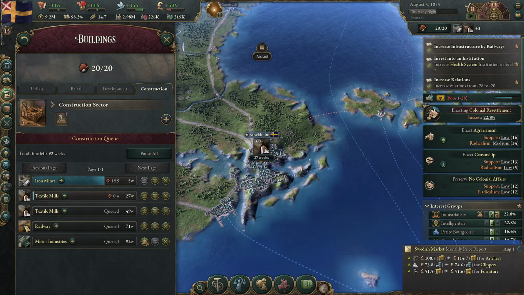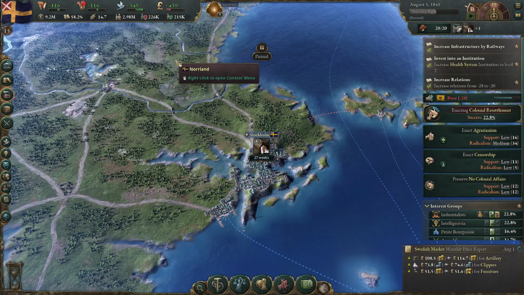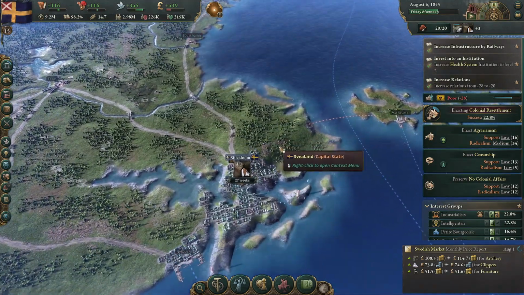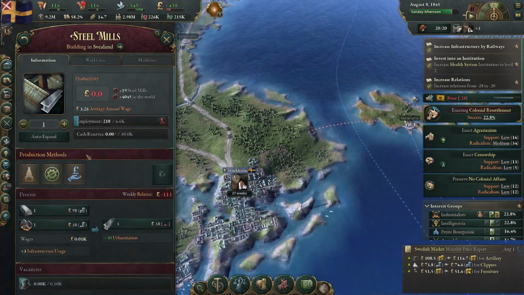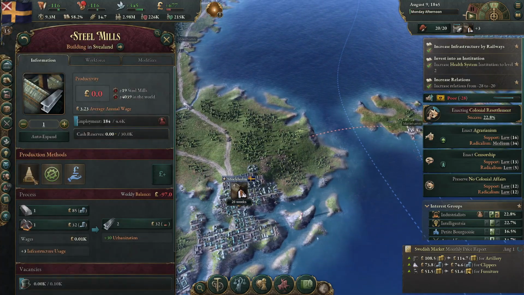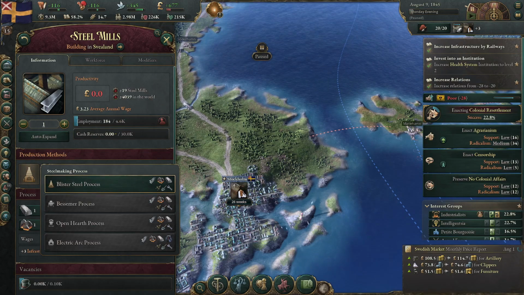I think I'm going to push that up a little bit. So we put the motor industry before the railway. We should get that going. Right, we need to make the steel mill profitable. Water tube boiler. Okay.